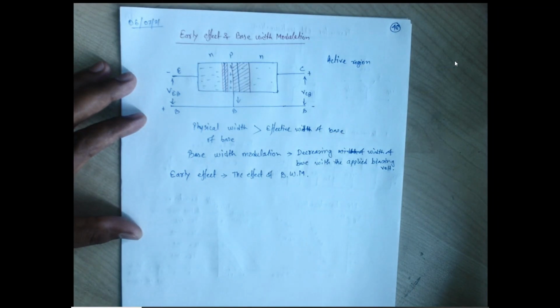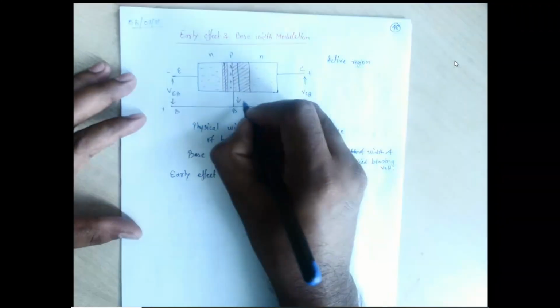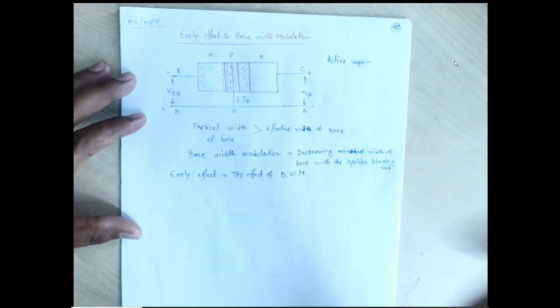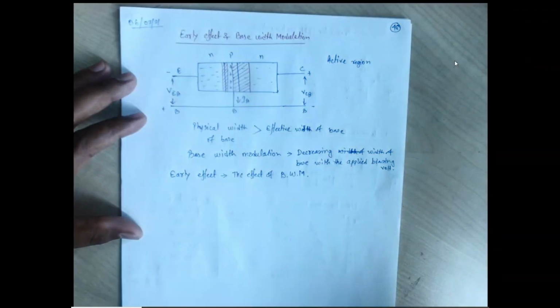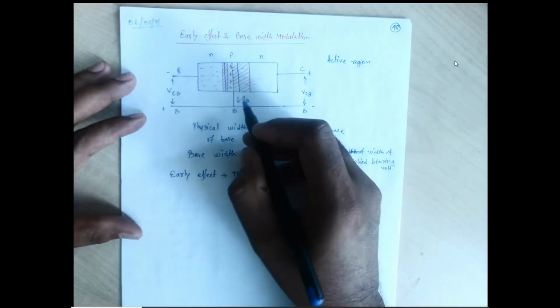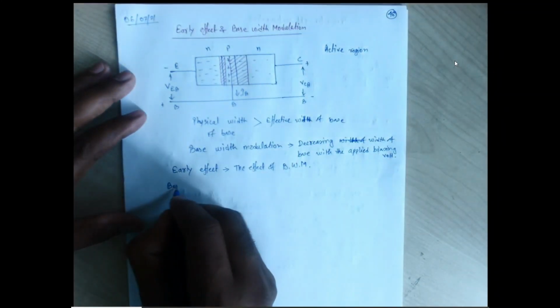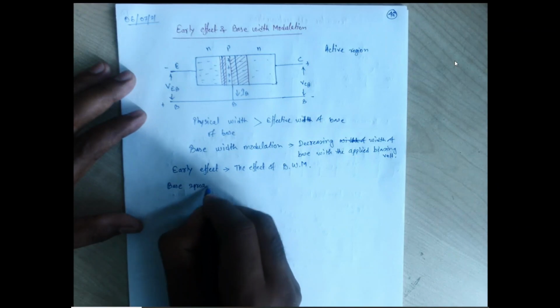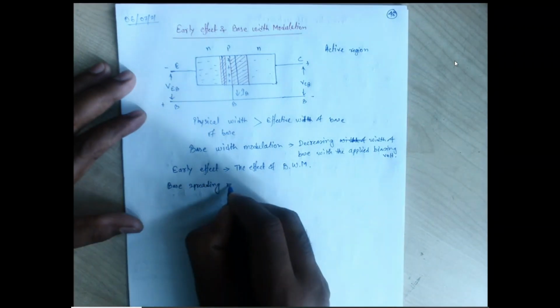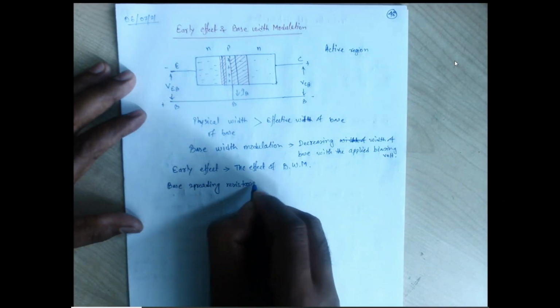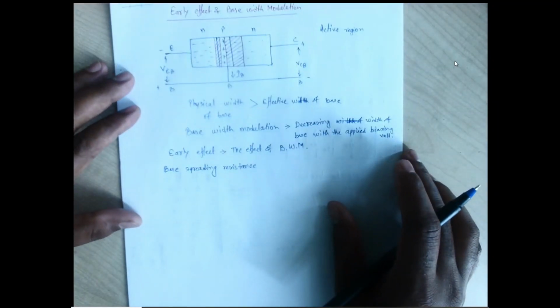Now, as this IB is less, we can say current less means impedance increases or resistance increases. So that is what is known as base spreading resistance. What does it mean?